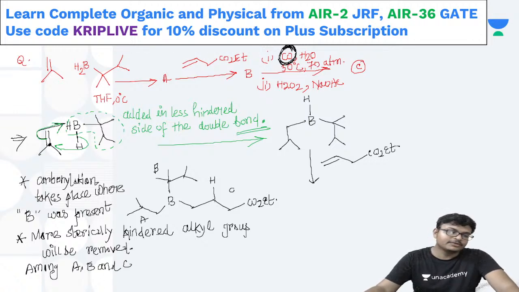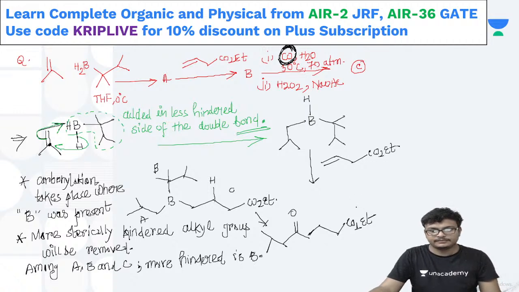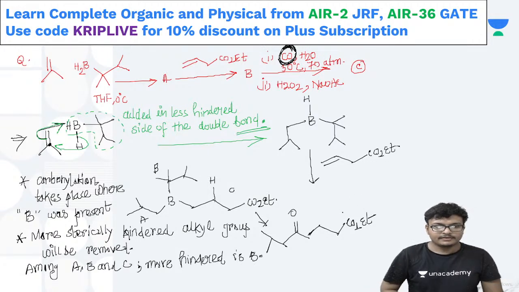Among A and B, which one is more hindered? So what will the final product be? Are you understanding?